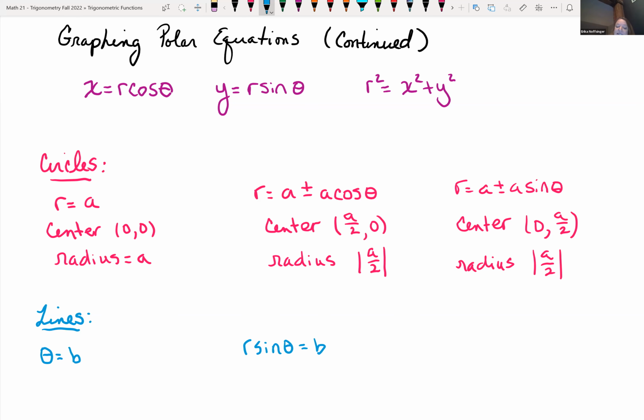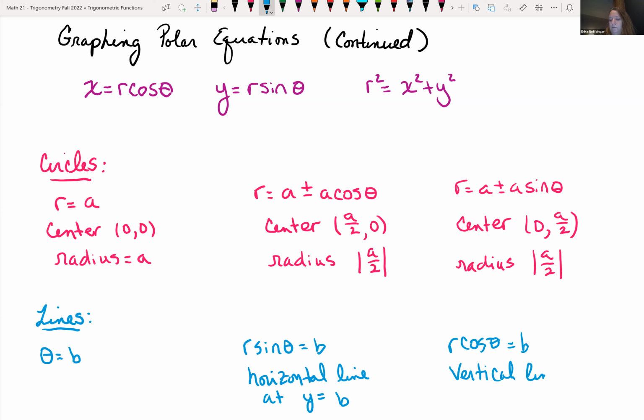If this was the case, then we had a horizontal line at y equals b. If we had the form of r cosine theta equals some number b, then we had a vertical line at x equals that number b.